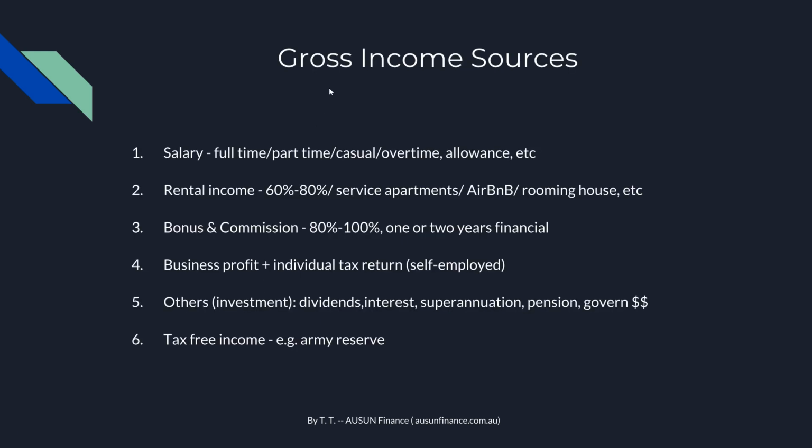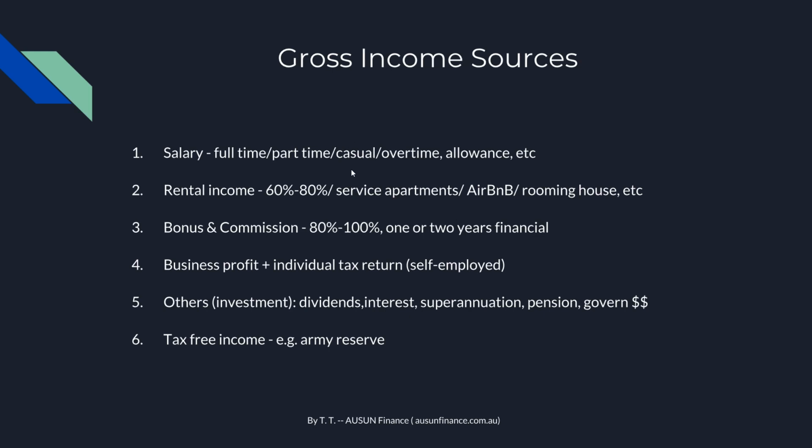Okay, so let's look at the first component: gross income sources breakdown. There are multiple income sources that the ATO can tax on you, besides the Chinese lucky money during Chinese New Year. Okay, first point, salary. Most people earn salary, right? They either have a full-time or permanent part-time job, which most banks like, and they will take 100% of the income.